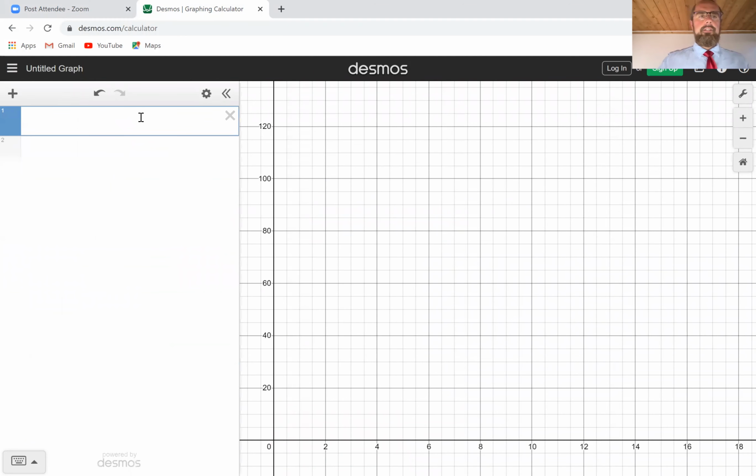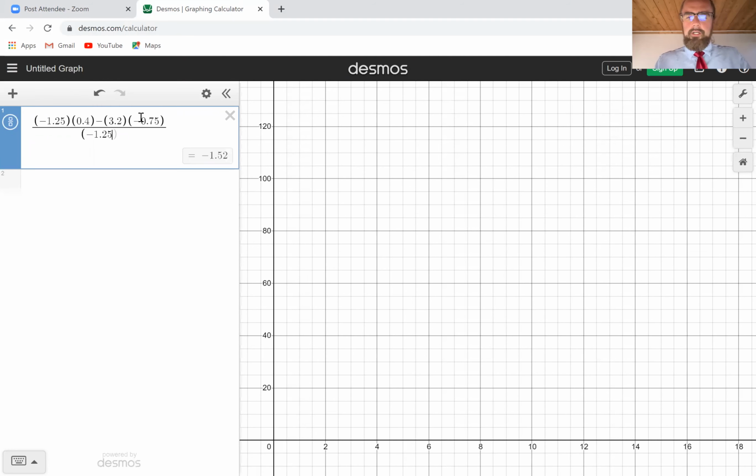And do our calculations. So we got a fraction, I'll hit divide, and then with our parentheses in the numerator, negative 1.25 times 0.4 minus parentheses 3.2 times negative 0.75, and that's all over with parentheses, negative 1.25, close parentheses, squared.